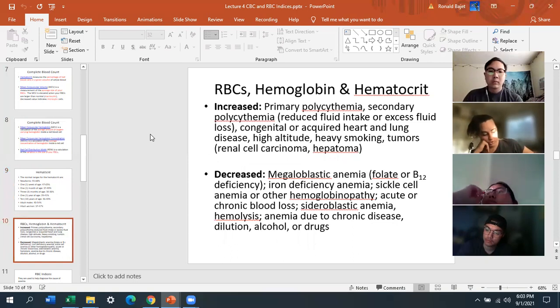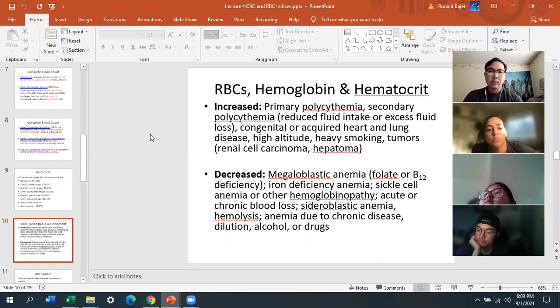Okay, your red cell indicators: RBC, hemoglobin, and hematocrit. Increased red cells, like I mentioned earlier, there are conditions, primary polycythemia. That means you're producing more red cells, and that's actually a condition, and I'll talk more about that in the last hematology lecture, which is on the myeloproliferative disorders.